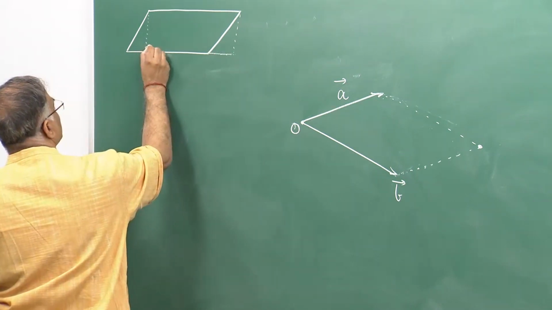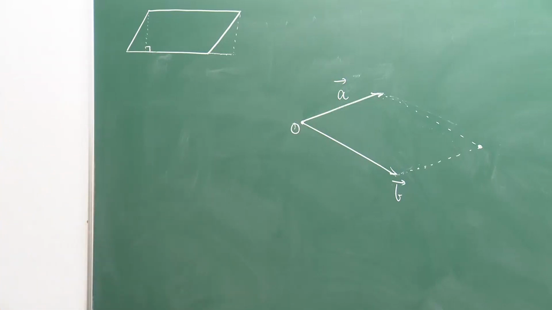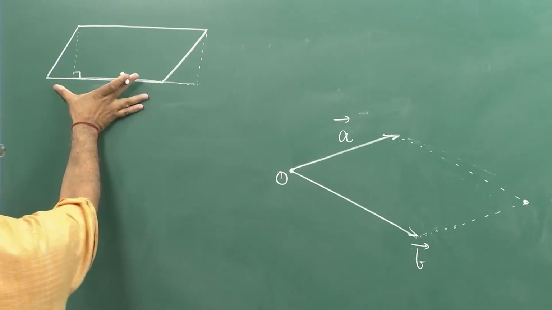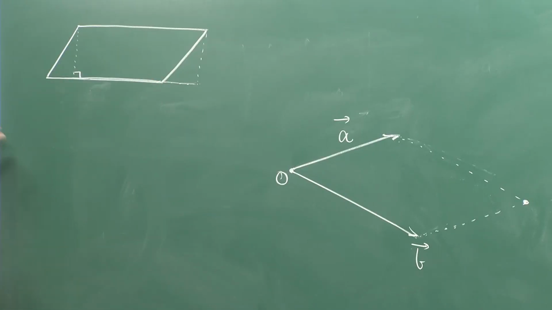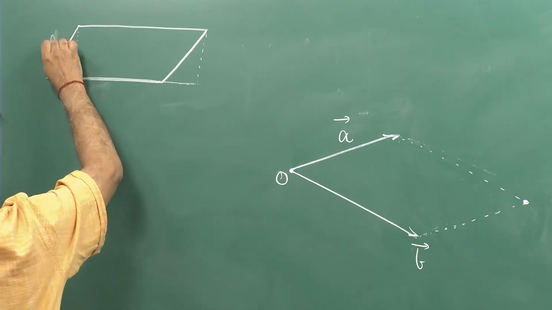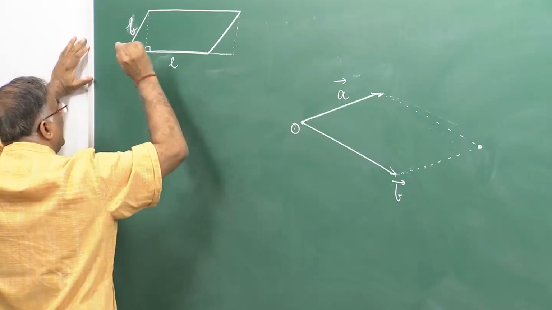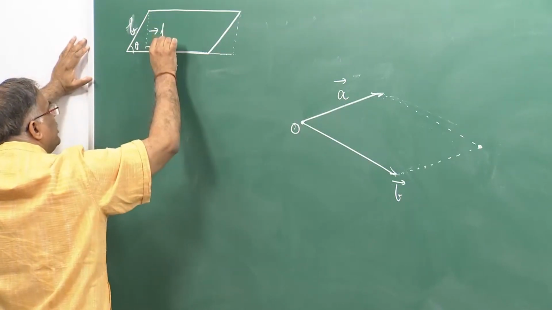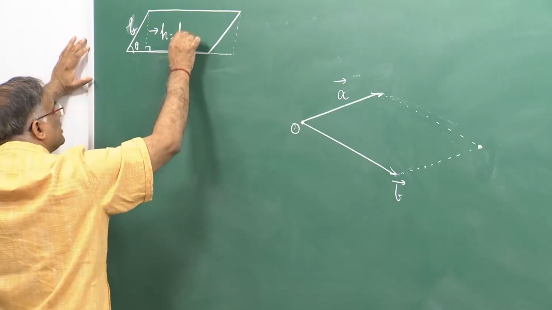So this is the height. So you basically compute this side, and suppose this has a length L and this has length B, and this is theta, and this line, the height H, is B sin theta.